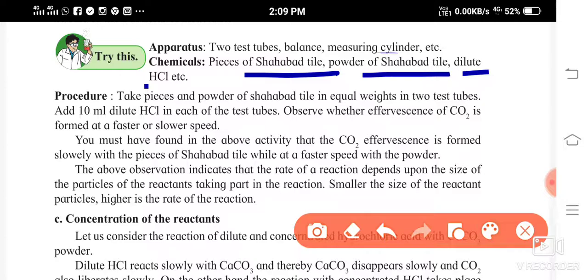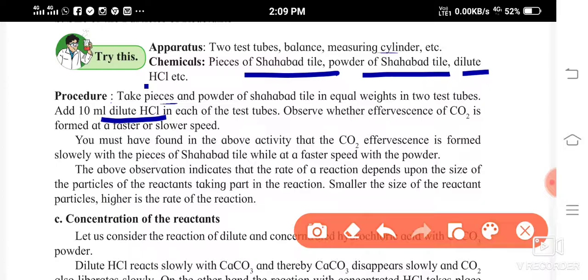You are going to take pieces and powder of Shahabadi tile in equal weights in two test tubes. In one test tube you take pieces, in the other you take powder. You are going to add 10 ml of dilute hydrochloric acid in both the test tubes.